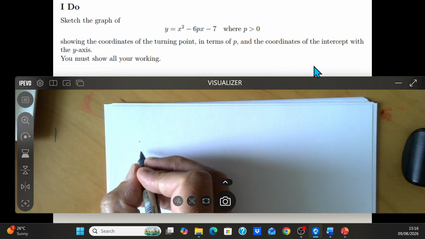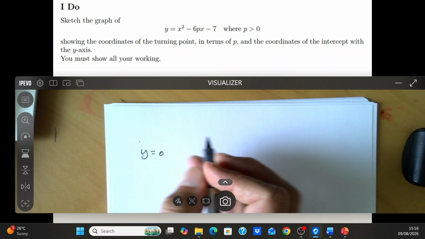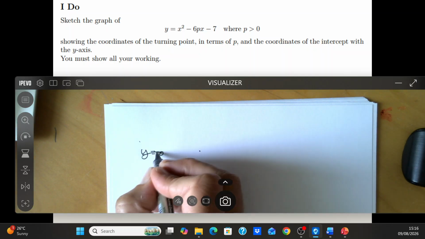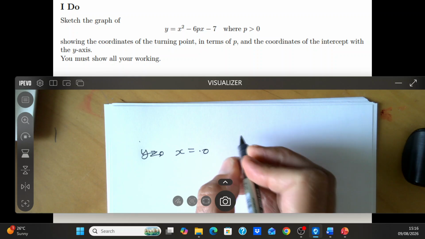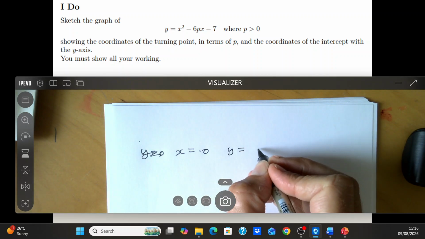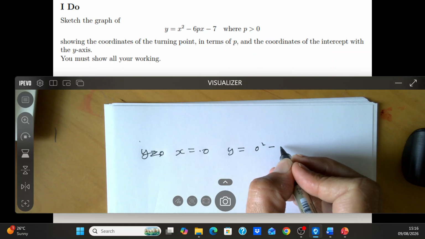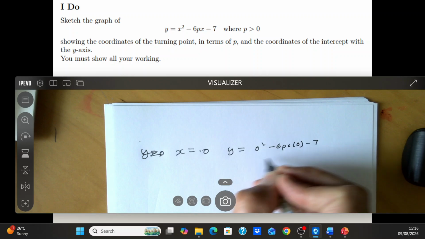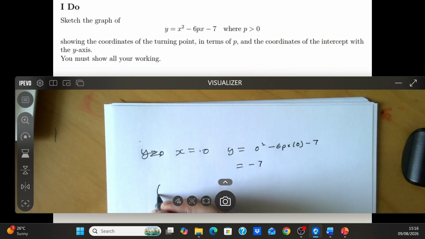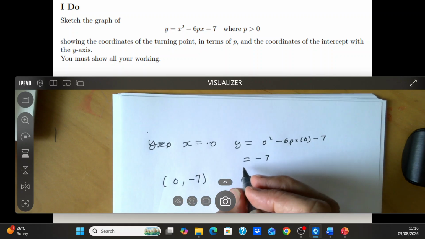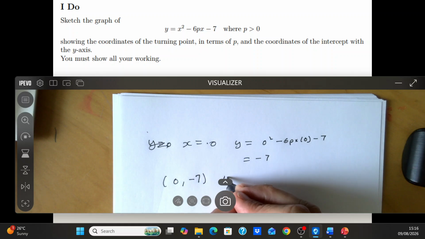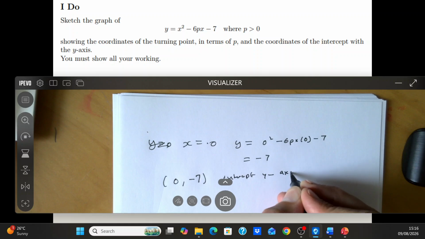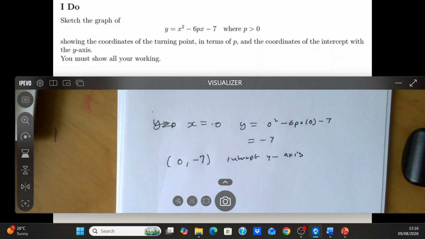So when x equals 0, y equals 0 squared, take 6p times 0, minus 7, which gives minus 7. So it crosses at (0, -7), and I'm just going to write that down as the y-axis intercept, because if I get anything else wrong, I'm going to have some marks.